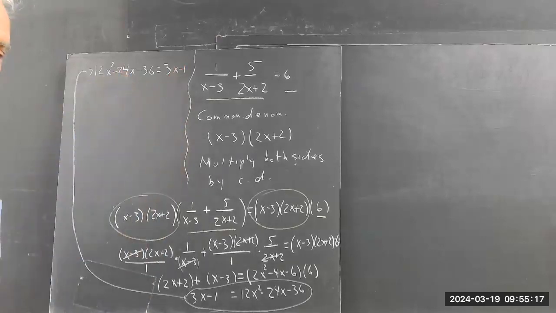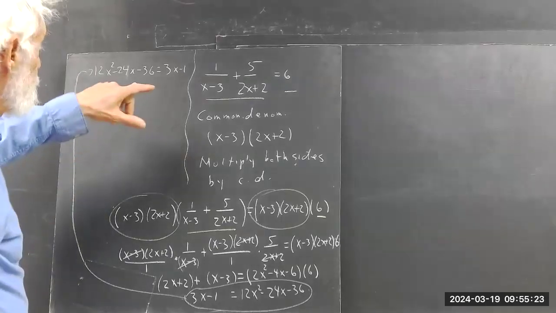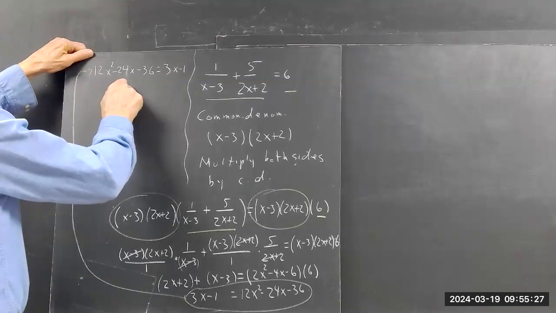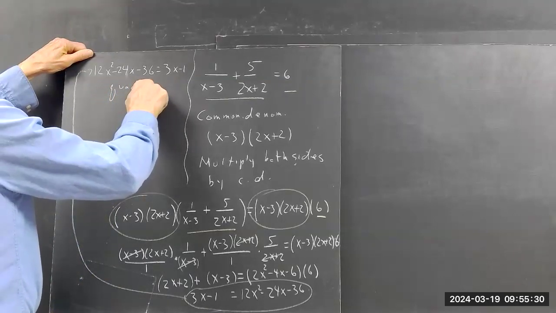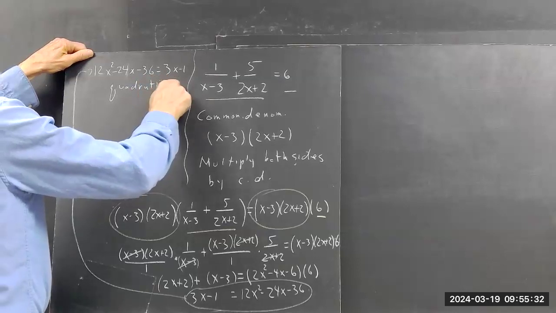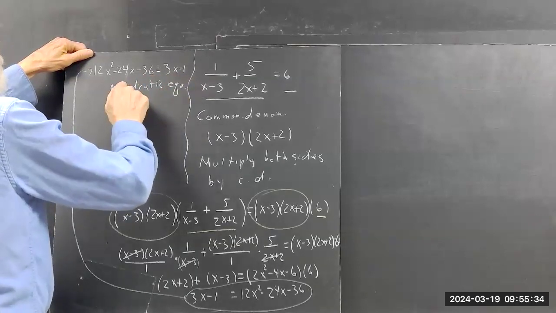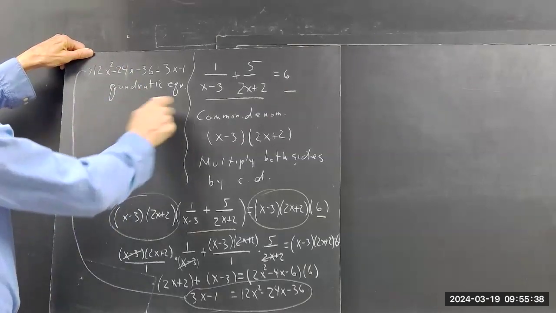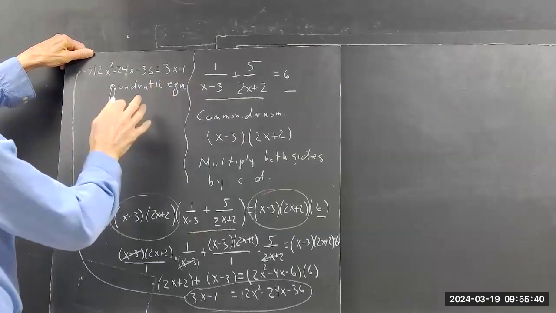Now, we need to solve this equation. I'm not going to go through the details of the solution, but we got to recognize this as a quadratic equation. Really bad looking Q there, but okay, we'll live with it. Quadratic equation.